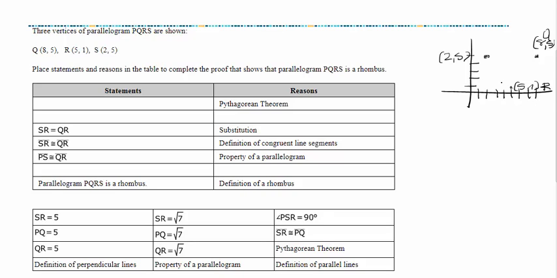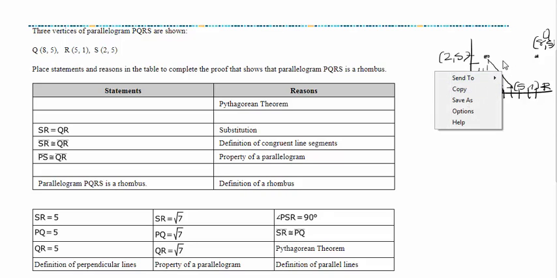The way the Pythagorean theorem is helpful is because if you're at (2, 5) and you go down to 1, this side would be 4. This side would be 1, 2, 3. Using this method, we have a 3, 4, 5 triangle. So that means that this length would be a 5.